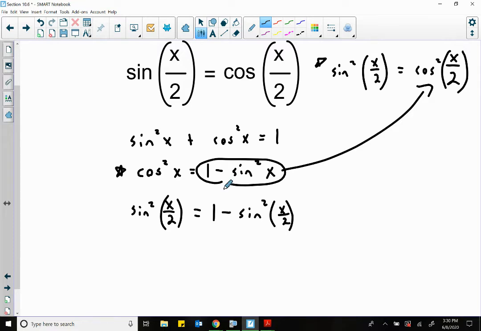So if we get everything all on one side and do some factoring, this makes this a whole heck of a lot easier to work with. But this was the key right here, and knowing that squaring both sides will not change your answer. It's going to be the same. Okay? So we're going to add sine squared back over here.